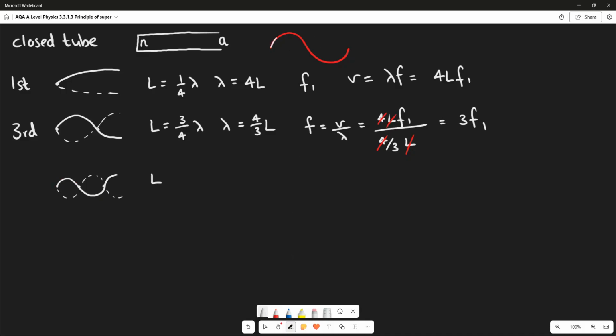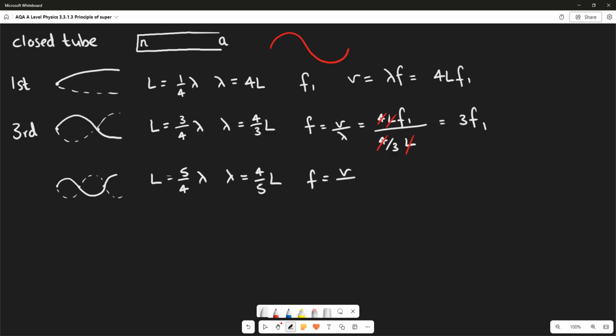So if we have a look at this diagram, we've got one full wavelength, and then we've got that much more, which is 1/4. So we've got one full wavelength and another quarter, which is 5/4 of a wavelength in total. In terms of the wavelength, that's 4/5. So the wavelength is 4/5 of this length.